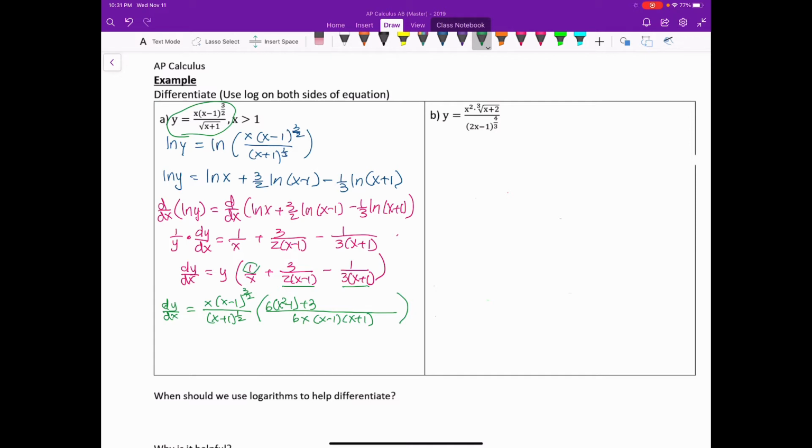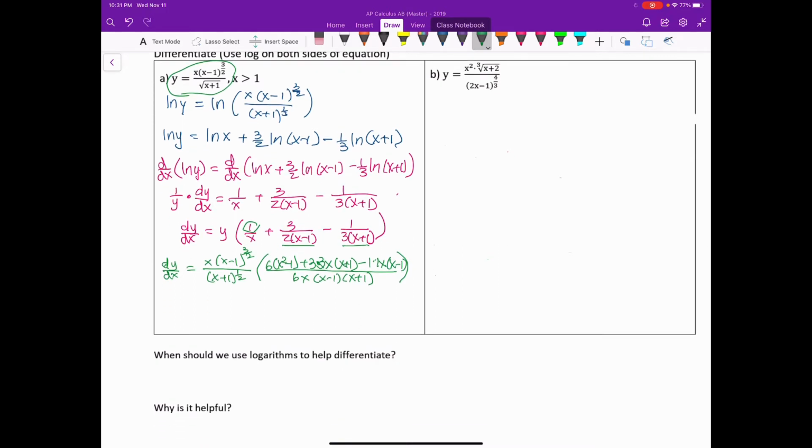And then 3 times, I'm missing an x, a 3, and an x plus 1, and minus 1 times, I'm missing a 2, an x, and an x minus 1, like that.